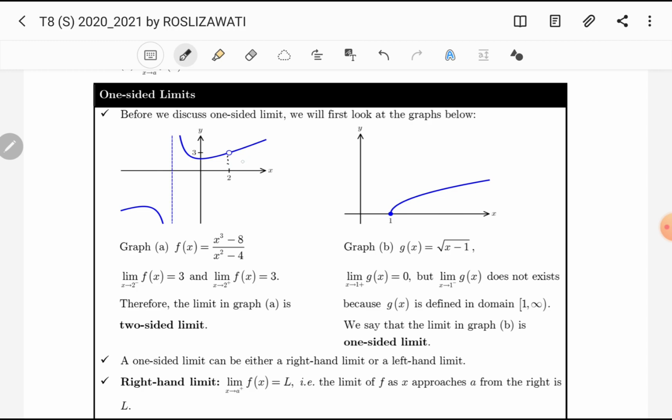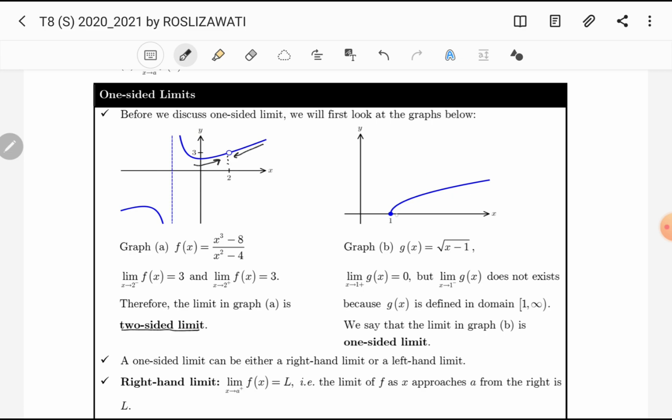When x approaches 2, we can get the answer from the left and from the right, because the graph exists on both sides. That means from the right of 2 there is a graph, and from the left of 2 there is also a graph. So we can look at both sides. Okay, this is called a two-sided limit. Okay, next.